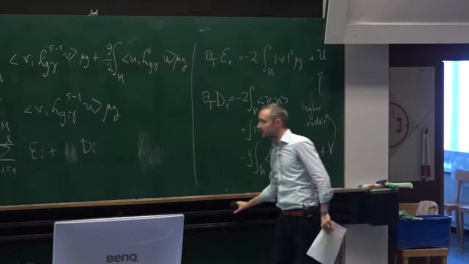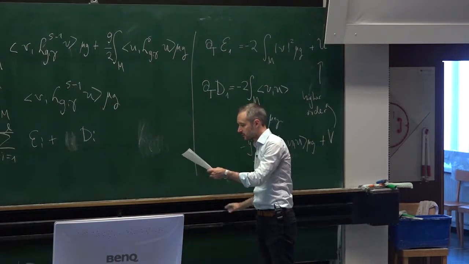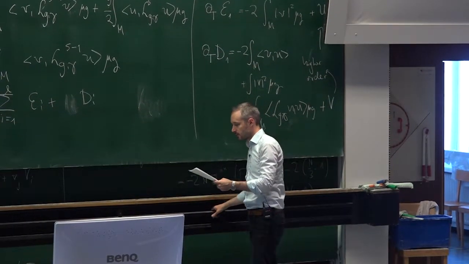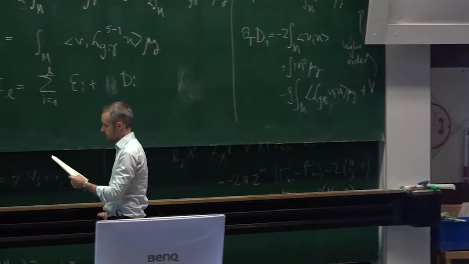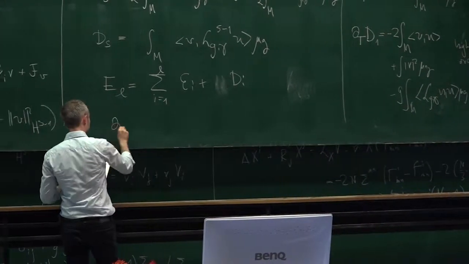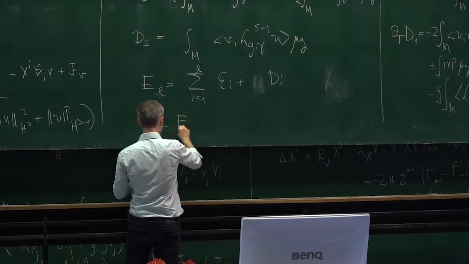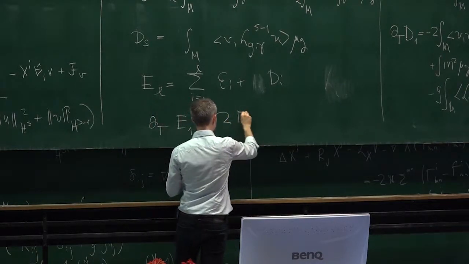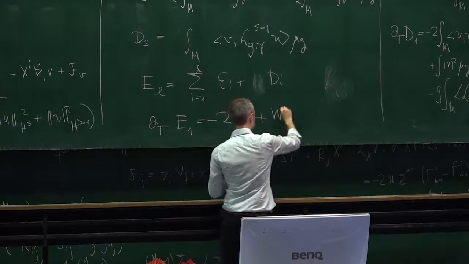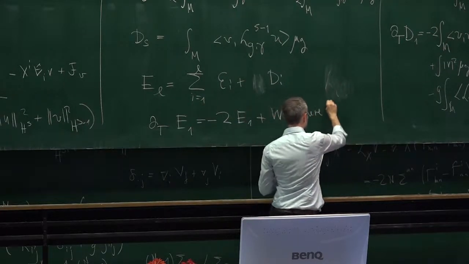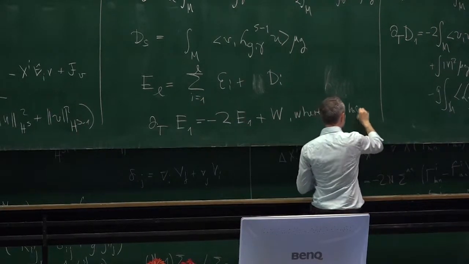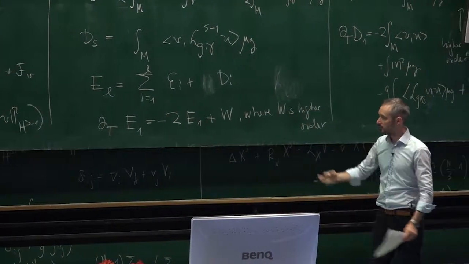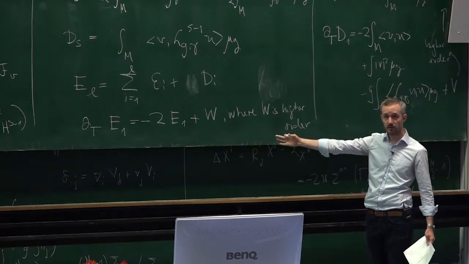So now it means that this corrected energy fulfills, I'm just writing it on first order, higher order the computation is of course more difficult. Yeah, so I'm getting something like this.